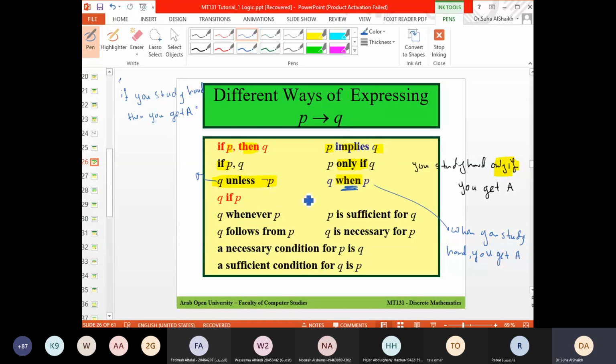Q unless negation of P. لا ما نغير في السنتنس، نستخدم نفس ال P وال Q اللي موجودين عندنا. This is the P and you get A is my Q. استخدموا نفسهم. Q you get an A.